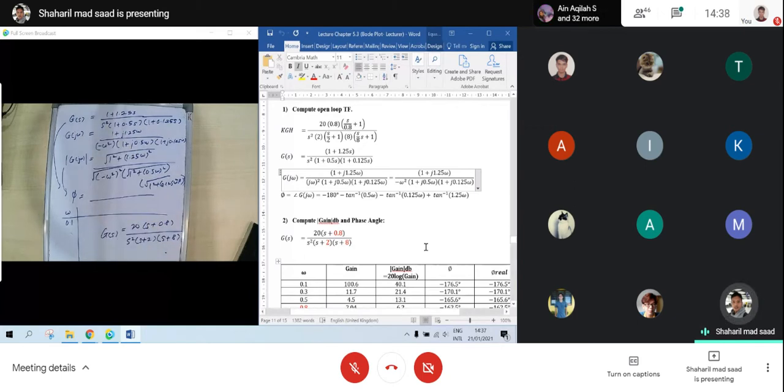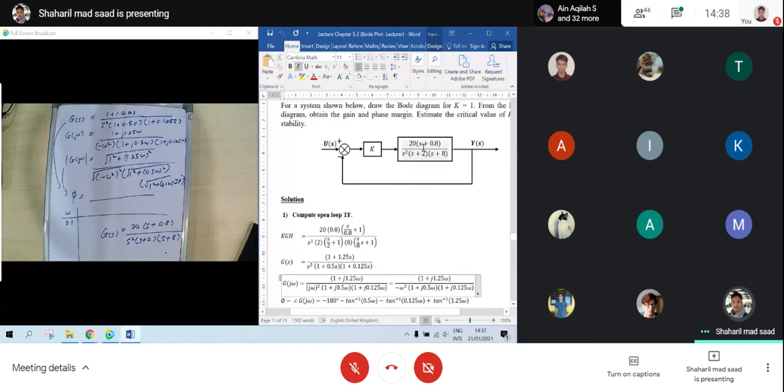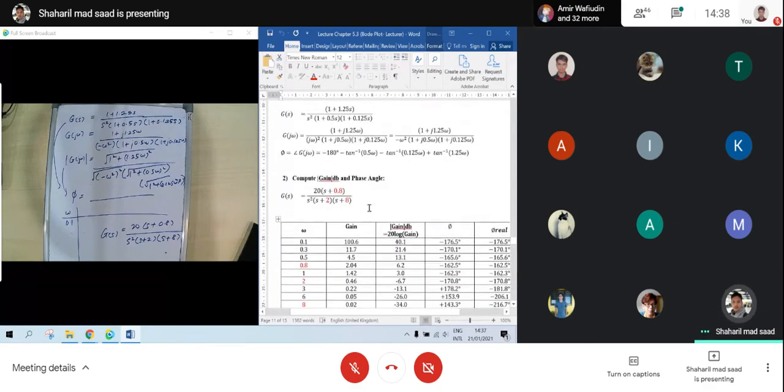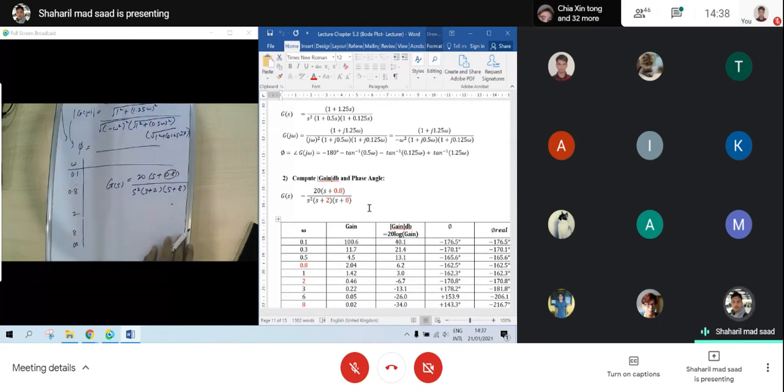Actually, you can get it straight away from here, because this one is s plus 0.8, s plus 2. This will be your guideline: first 0.8, then 2, and also 8. So your guideline is 0.8 to 8.